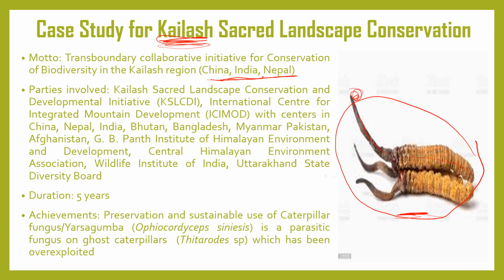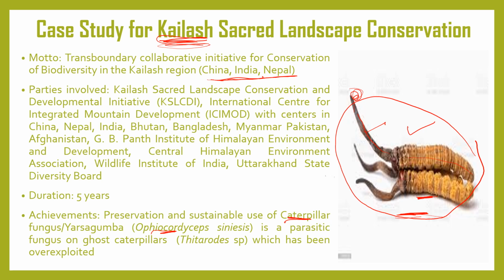This caterpillar fungus, growing on the ghost caterpillar, has medicinal properties, and it is very much used in Chinese medicine as well as traditional Tibetan medicine. And what Nagoya Protocol is trying to protect is not just the biodiversity, but how to use this caterpillar fungus sustainably.